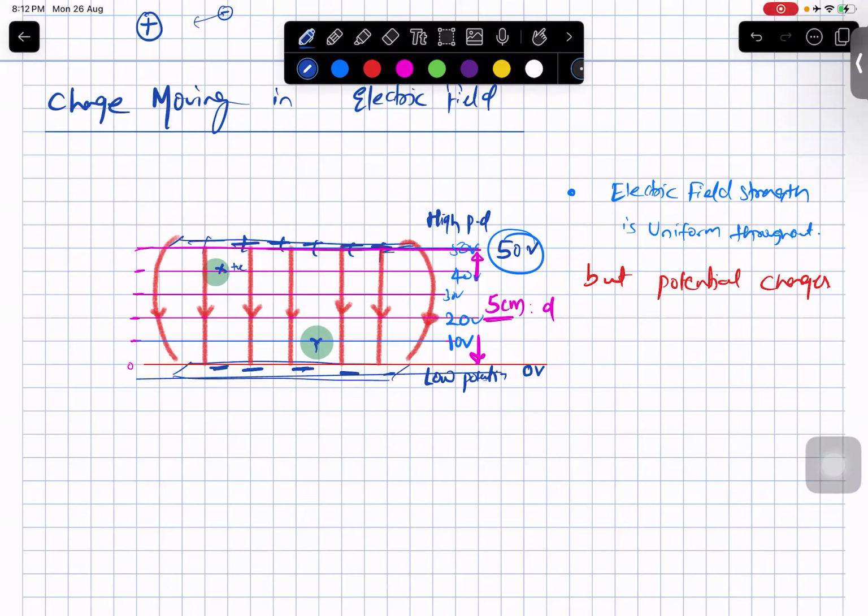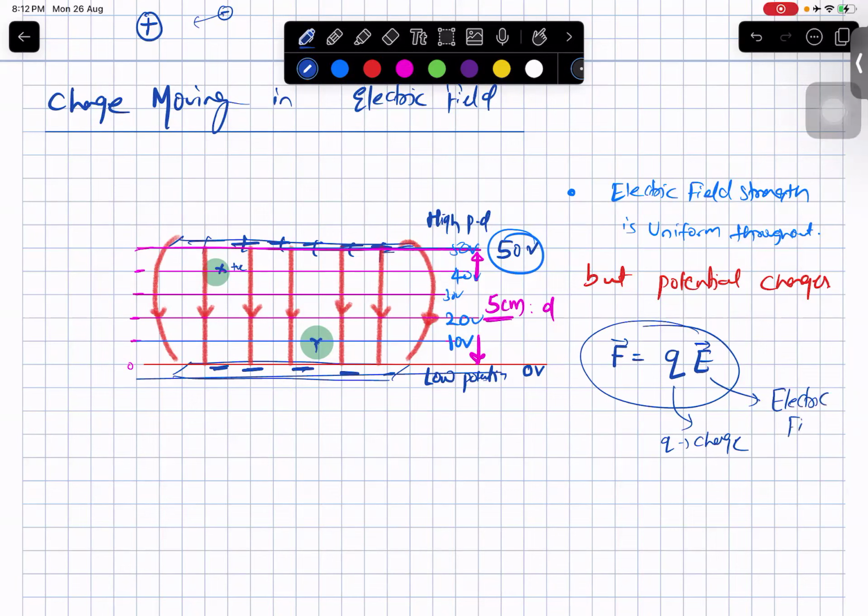So F is equal to Q times E, where Q is the charge and E is the electric field strength. The electric force, a vector quantity, is equal to charge times electric field strength.